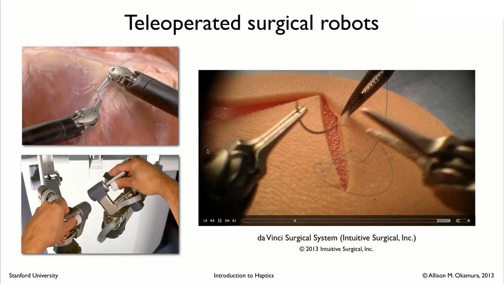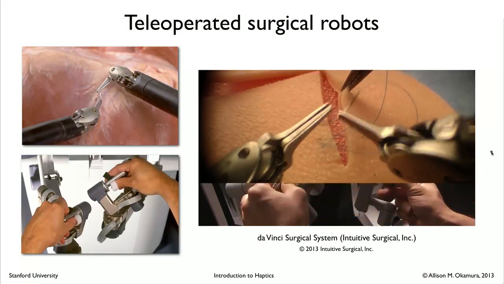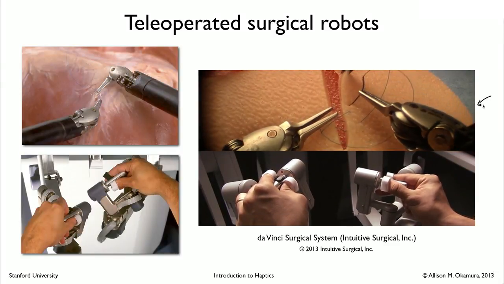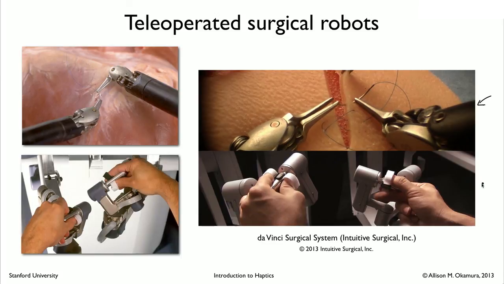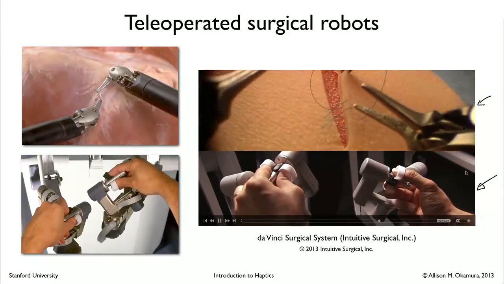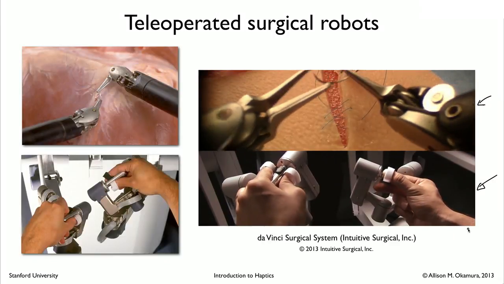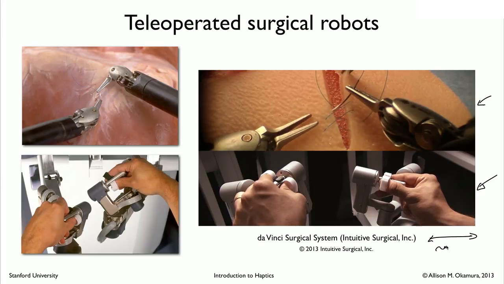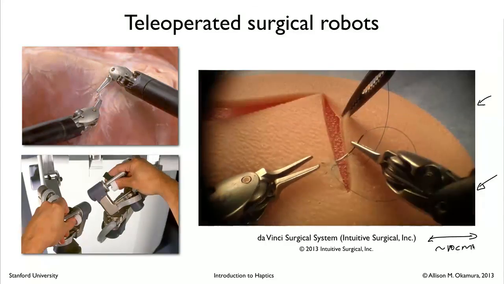What happens when you see the split screen that will come up in a minute is that you see how the motion of the remote robot over here is imitating the motion of the master robot. But the important thing to note is that these two images are not at the same scale. So in this bottom image, this distance is probably on the order of 10 centimeters.